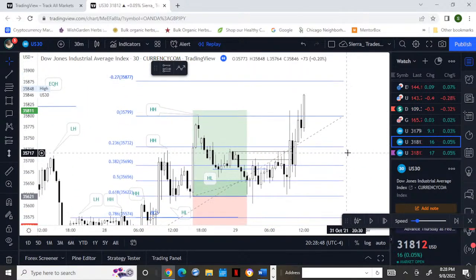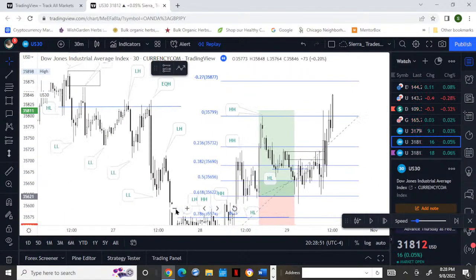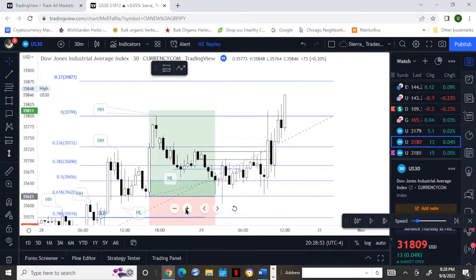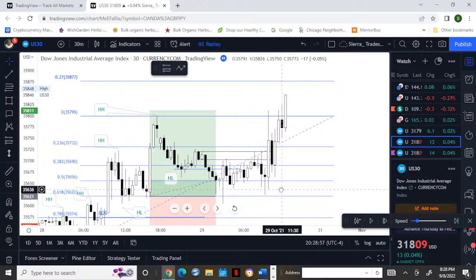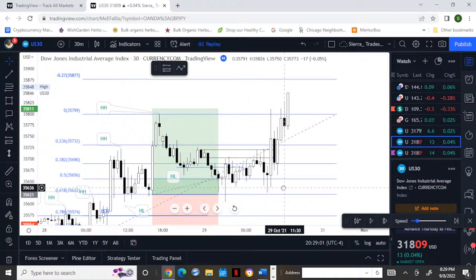And let's see if it hits the 618 on the fib now. Entry would have definitely been this candle right here where the bulls took over.